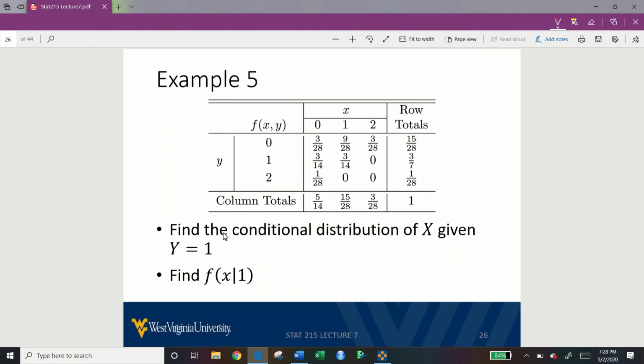Let's take a look at our first example. This will look at the discrete case. So once again, we're still going to use the same table that we've been using throughout this lecture, and we'd like to find the conditional distribution of X given Y equals 1. In other words, we want to find f(x | 1).